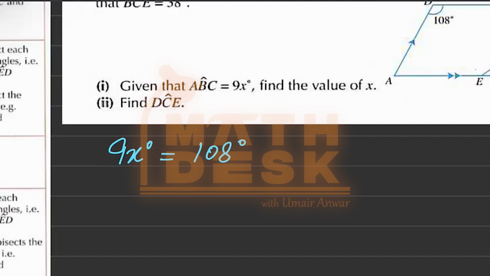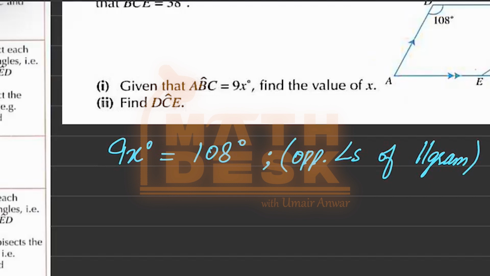And the abbreviation for this is opposite angles of parallelogram. This is how a parallelogram is written in abbreviation. So x would be equal to 108 divided by 9. So 12 degrees would be the answer for x over here.